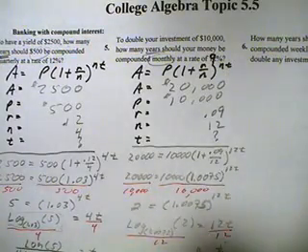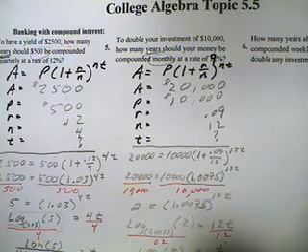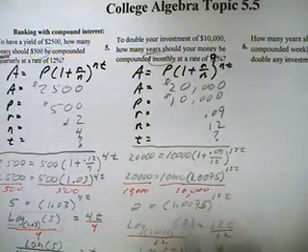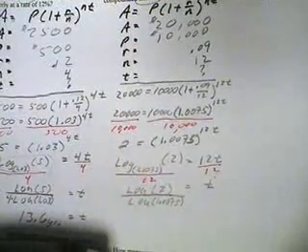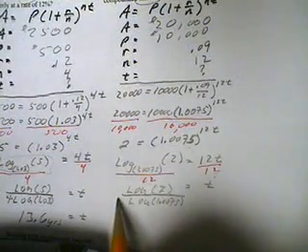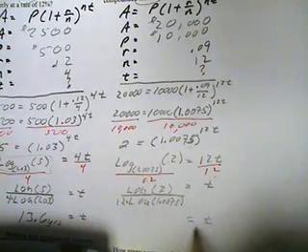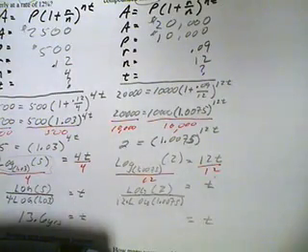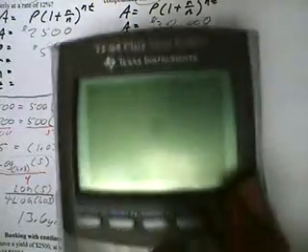So t is going to equal, when I convert this into a common log, log base 10 of 2 divided by a common log of 1.0075, and then all multiplied by 12 in the denominator. Let's map that on the calculator here.